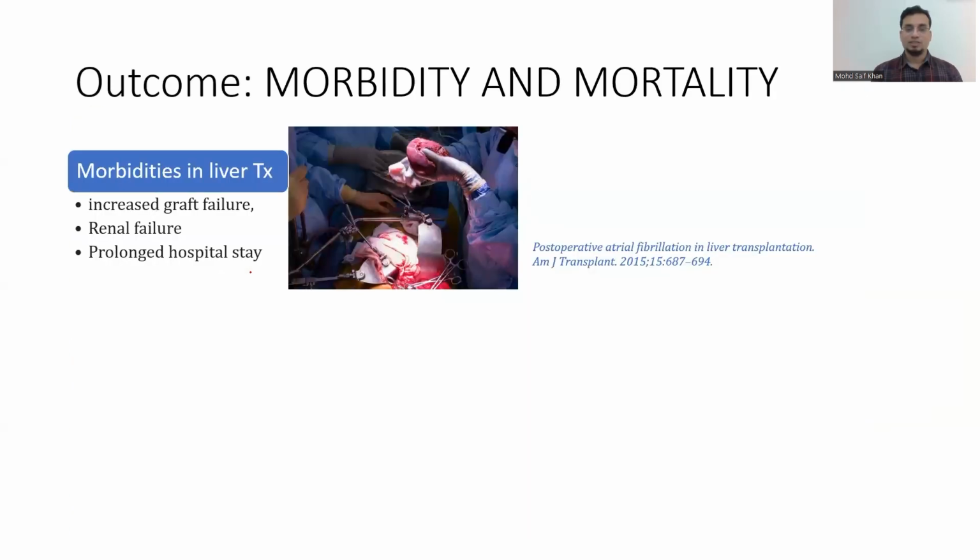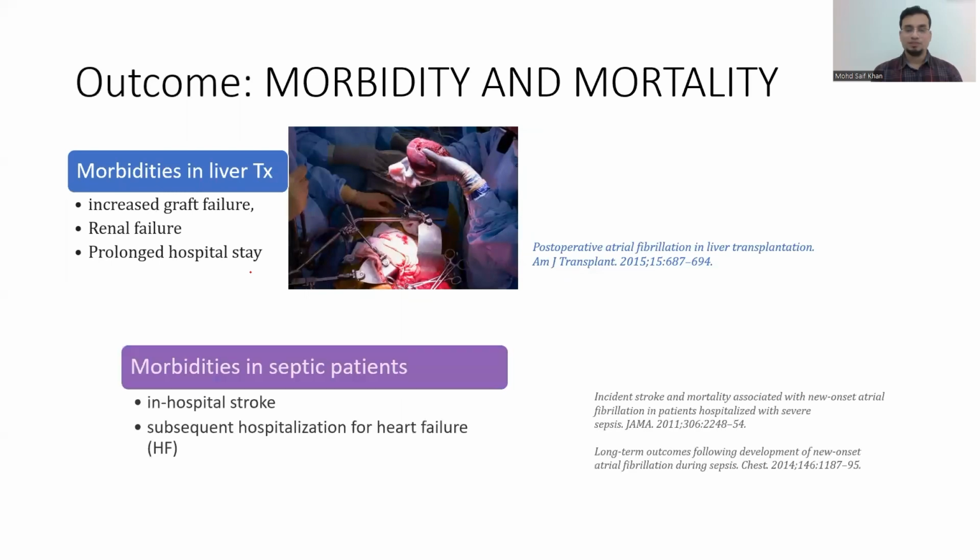And regarding morbidity, studies in liver transplant have reported increased graft failure and renal injury, and prolonged hospital stay. In patients with sepsis, there is increased incidence of ischemic stroke and also subsequent hospitalization for heart failure in future.